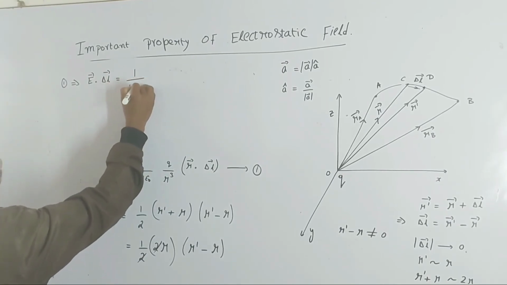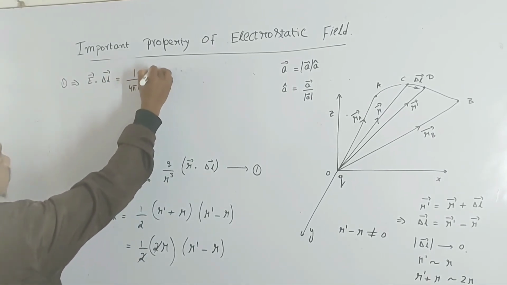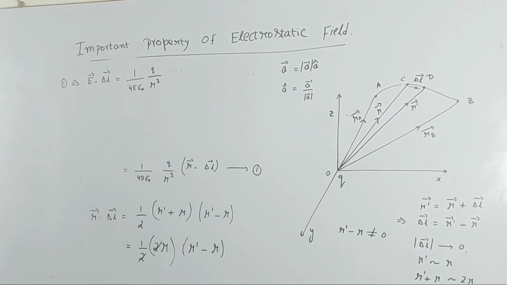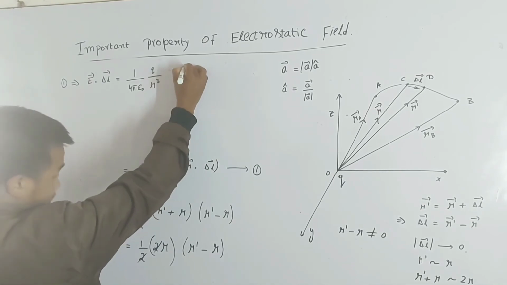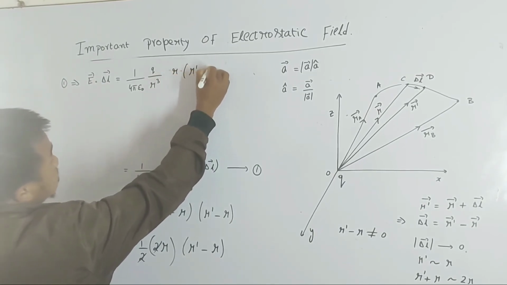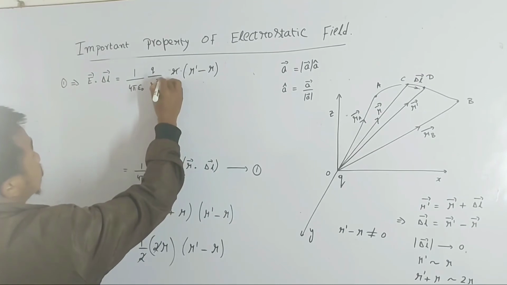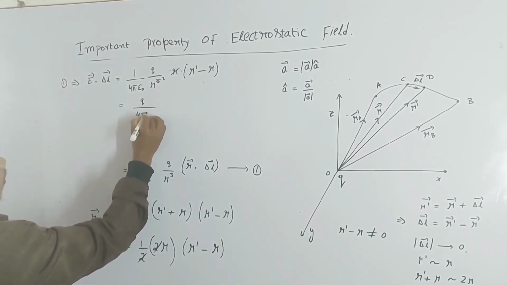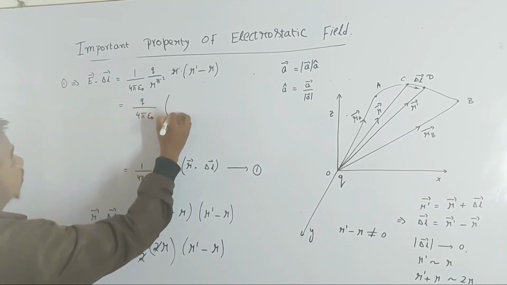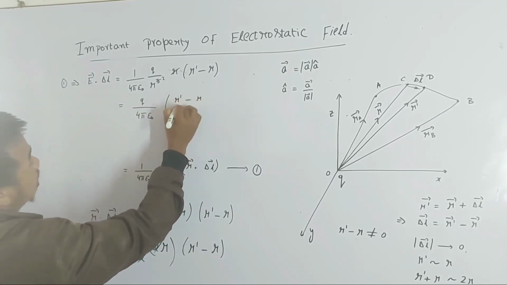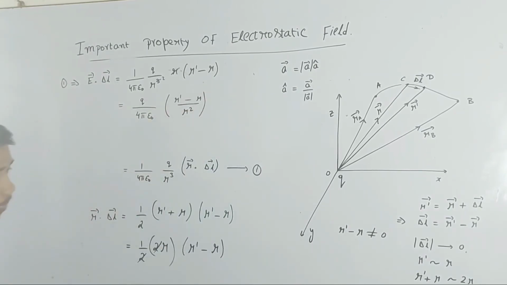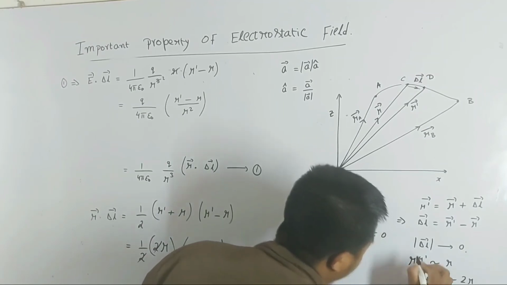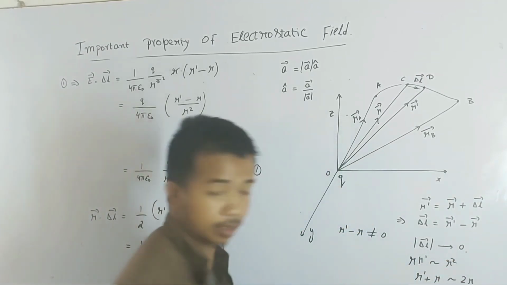1 by 4 pi epsilon naught, then Q divided by R cube. So what is R dot delta L? It is R dash minus R. So this can be written as Q by 4 pi epsilon naught, then R dash minus R divided by R square. So from here, if I put R, then I can put here R square.